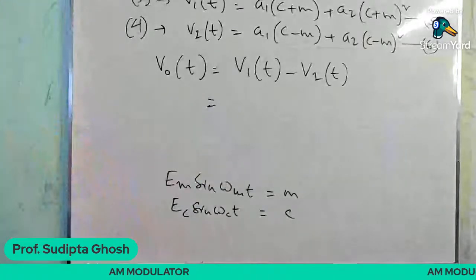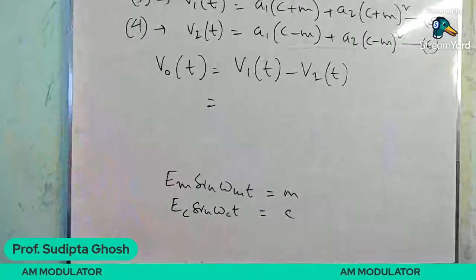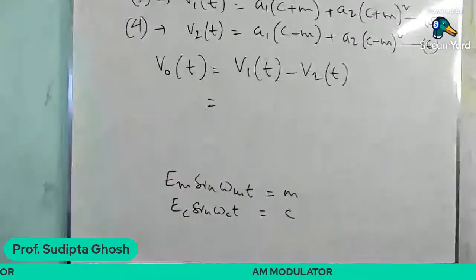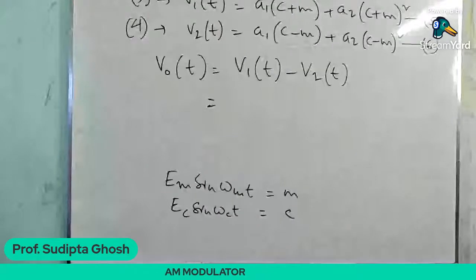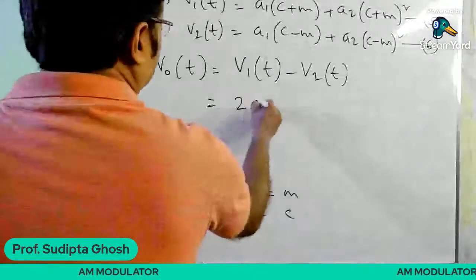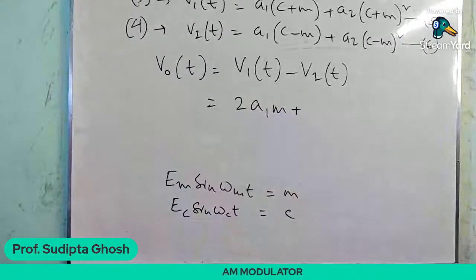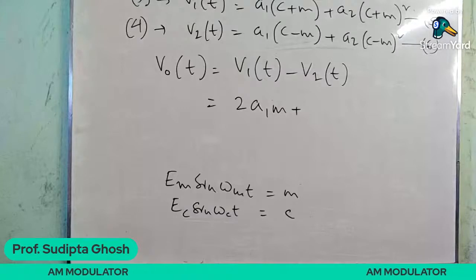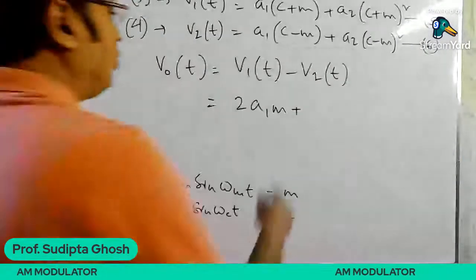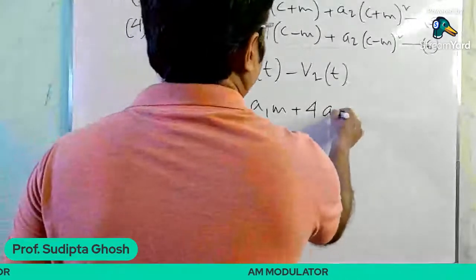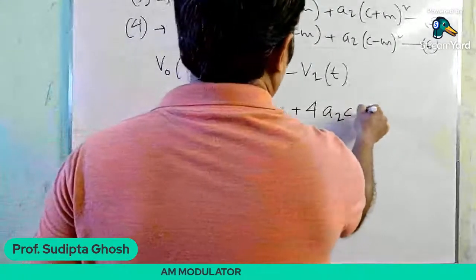A1C minus A1C cancels, A1M plus A1M will be twice A1M, and then (A plus B) whole square minus (A minus B) whole square will give you 4AB, so you have 4 A2 into CM, or MC.